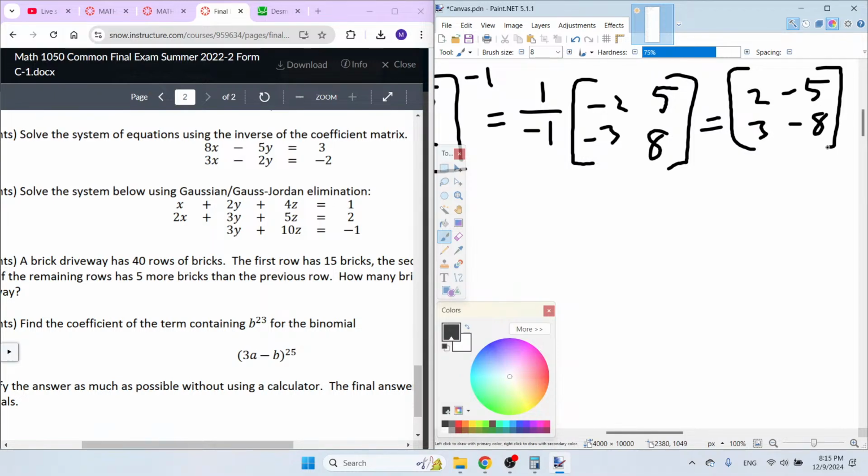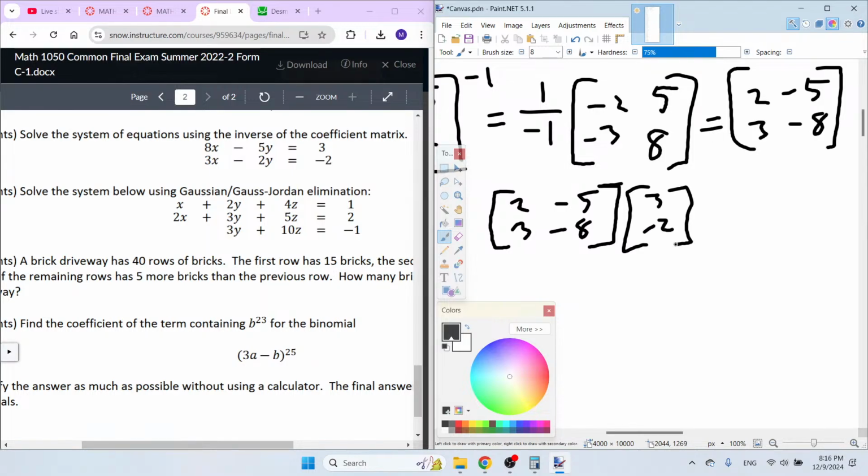Now we're going to take that inverse matrix and multiply it by our constant matrix, 2, -5, 3, -8, times 3, -2. And that gives us 2 times 3 is 6, -5 times -2 is 10, 10 plus 6 is 16.